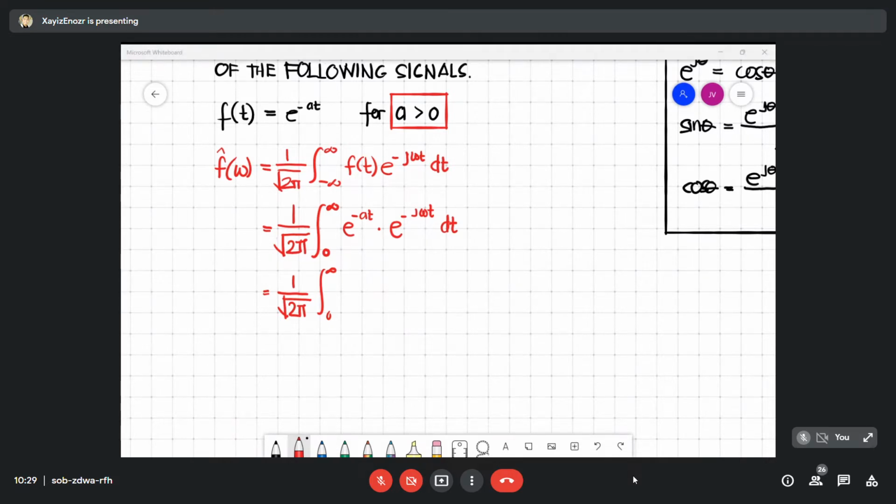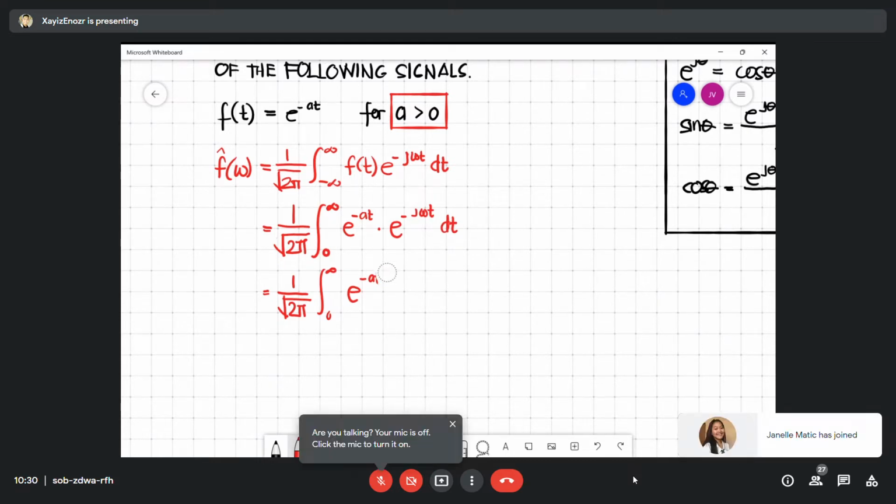Sasamahin po. Okay, tama. So pag meron kang the same base, ang gagawin mo is you will take yung base, then you will add the exponents. So mangyayari niyan, so we have e negative at plus, kunin ko na lang yung negative, ilabas ko.